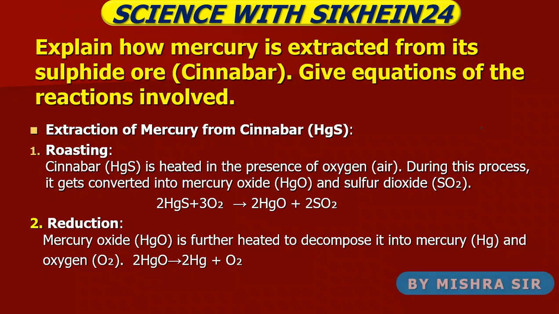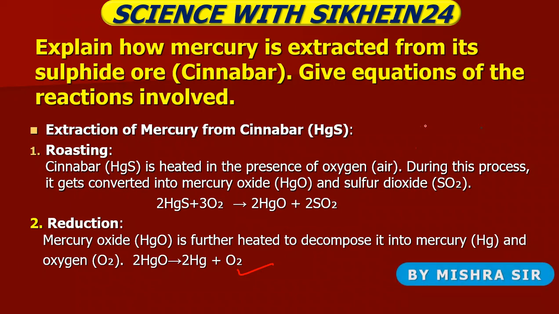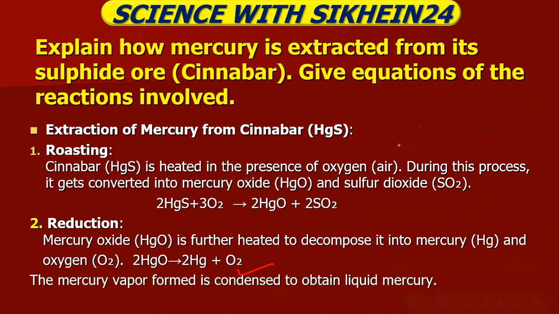You can see the equation here. Then the mercury vapor formed is condensed to obtain liquid mercury.